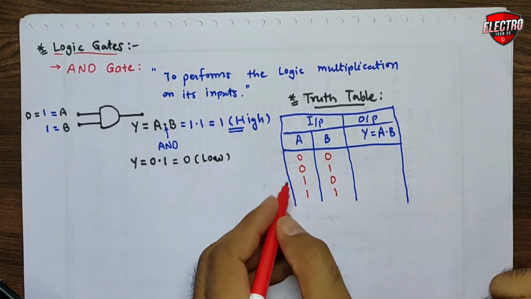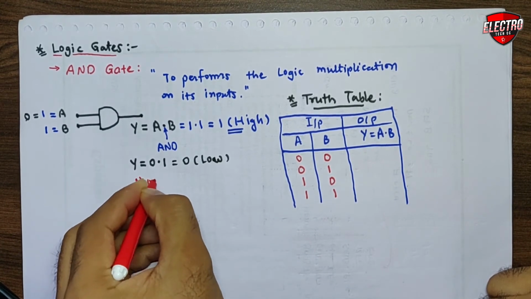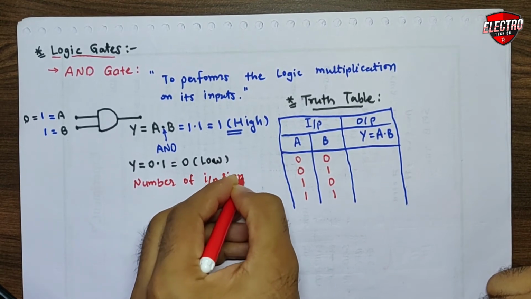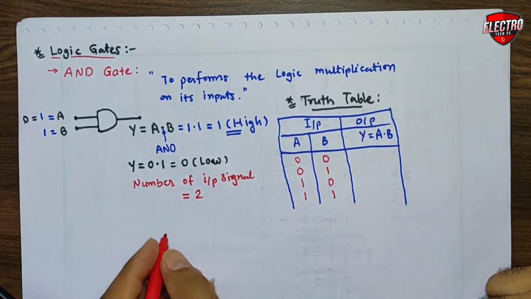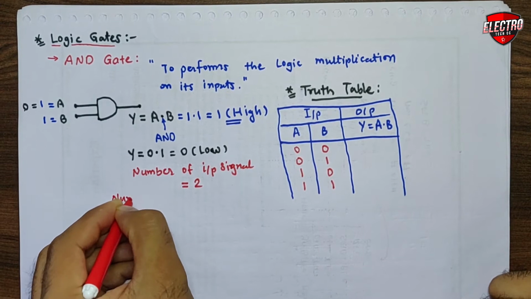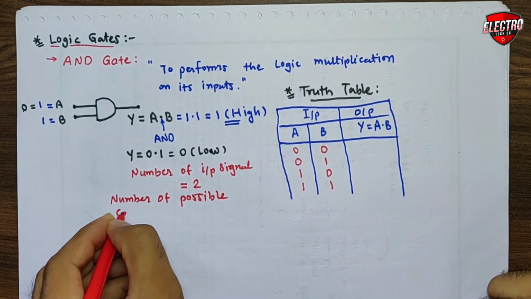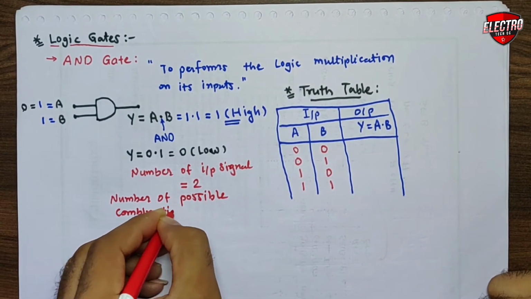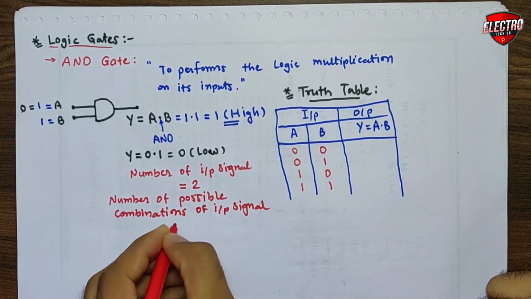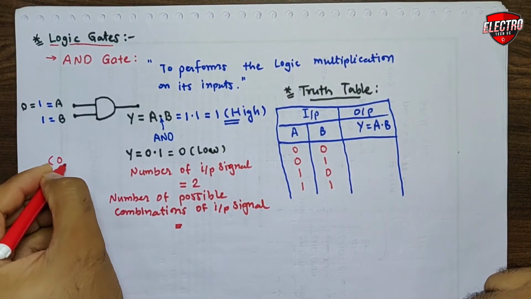Clear? So if the number of input signals is equal to 2, then the number of possible combinations of input signals is, we have the binary number system, and in the binary number system we have only two distinct values.